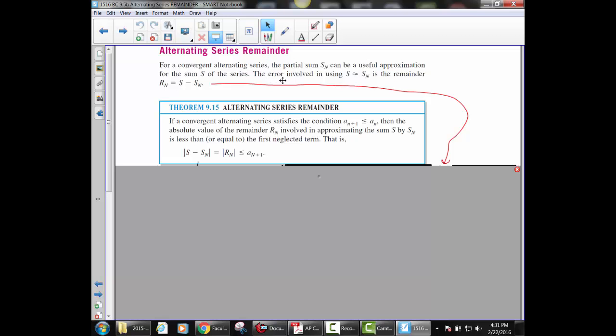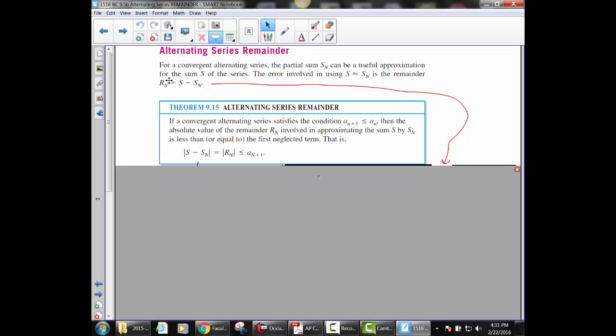That's called the error involved in using the full actual sum S approximately equal to the sum using the first so many terms. So the error involved in using Sn to approximate S is the remainder, what they call Rn. So let's say n is 10. Let's say you use the first 10 terms. Well, obviously you're going to be off. You didn't use all the terms.